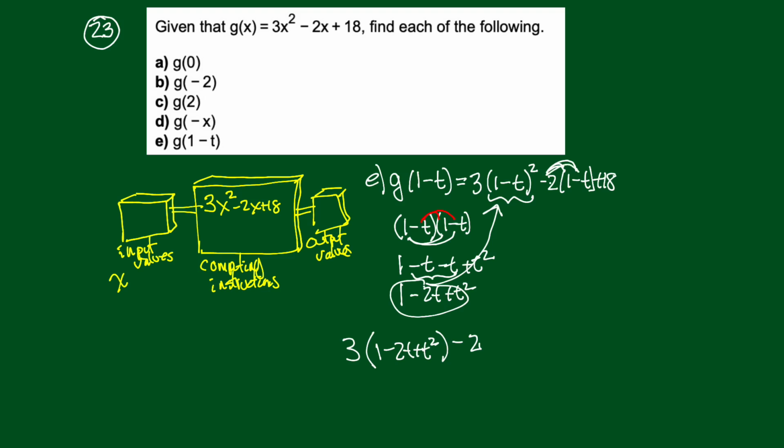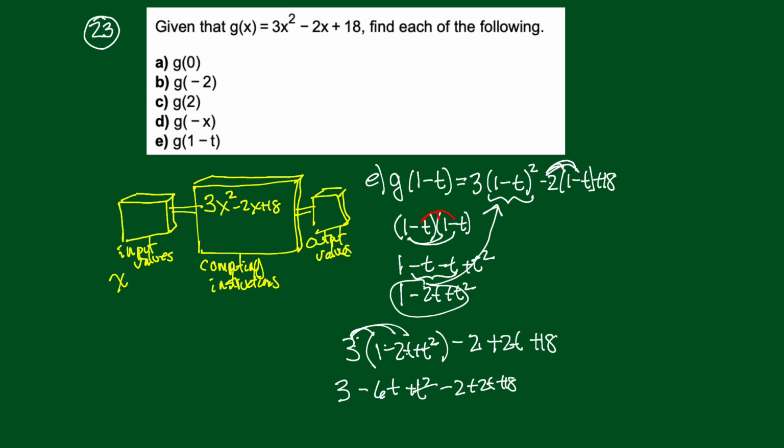Negative 2 times negative t is plus 2t, and then plus 18. Now, multiply through by the 3. Here, here, and here. So 3 times 1 is 3. 3 times negative 2t. 3 times negative 2 is negative 6. I've got t's. And then 3 times t squared is 3t squared. And then I've got a minus 2 plus 2t plus 18.